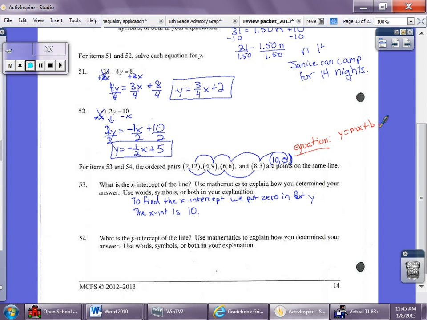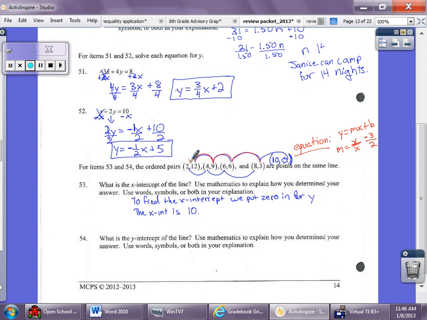We know that the slope, the m, is the change in y over the change in x. Y is going down by 3, x is going up by 2, so our slope is negative 3 over 2.